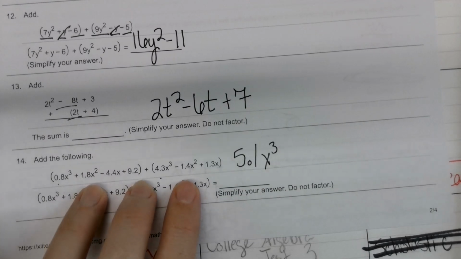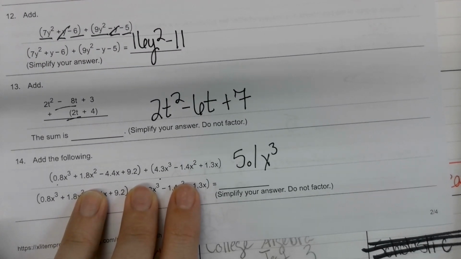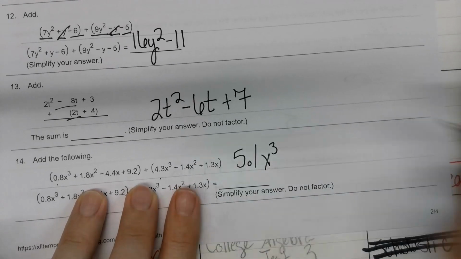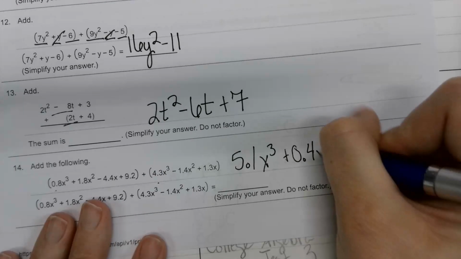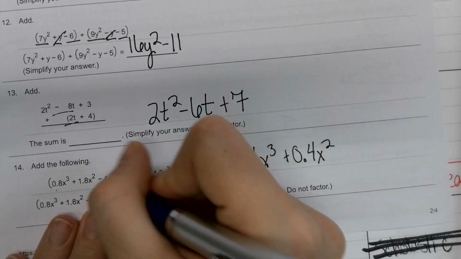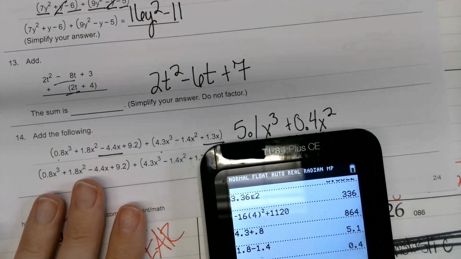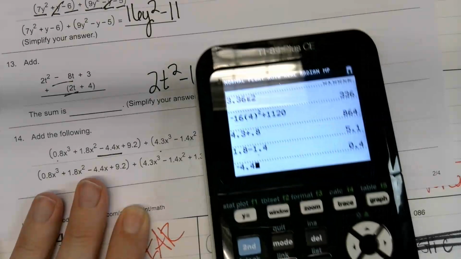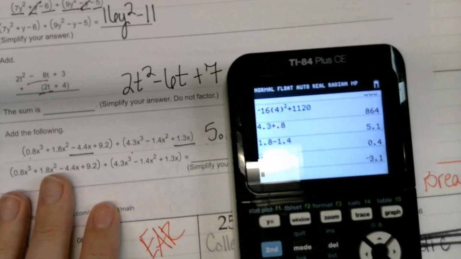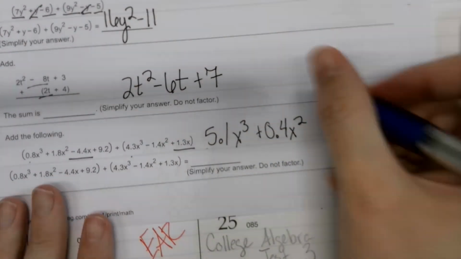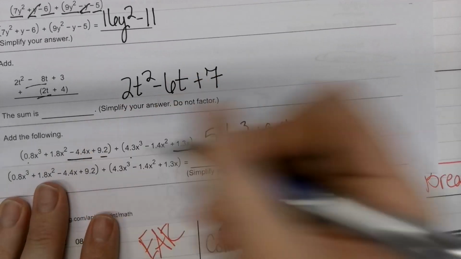Squares have 1.8, subtract 1.4, which is 0.4, and it's positive. Then I have negative 4.4x plus 1.3x. Negative 3.1. And then this is by itself.